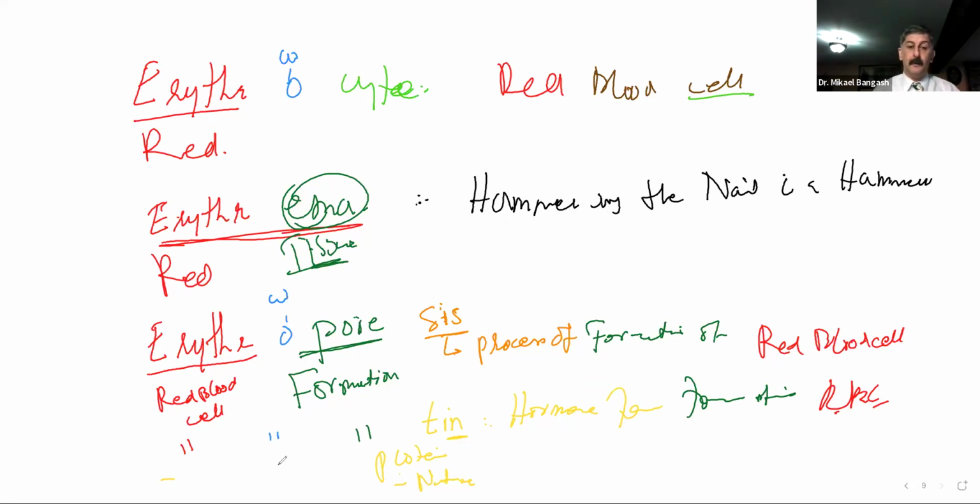So the hormone or the substance is called erythropoietin. The process by which your red blood cells are developed or formed is going to be called erythropoiesis. Did you guys get that?